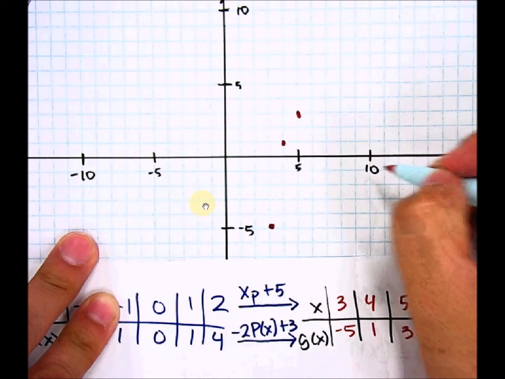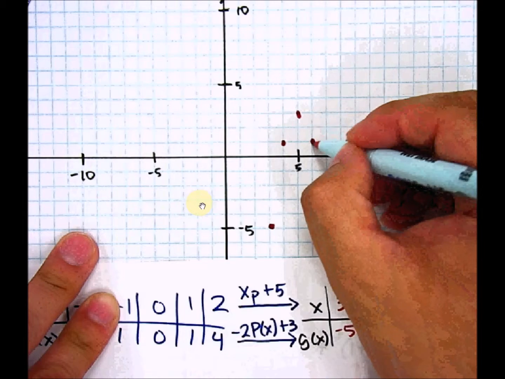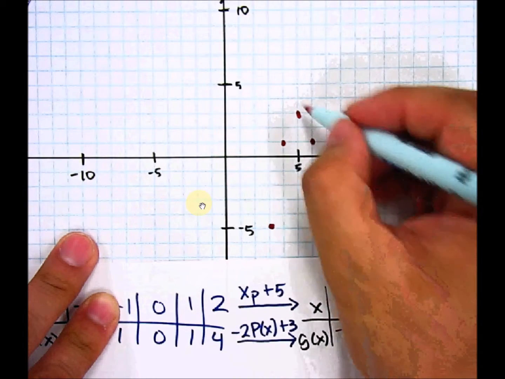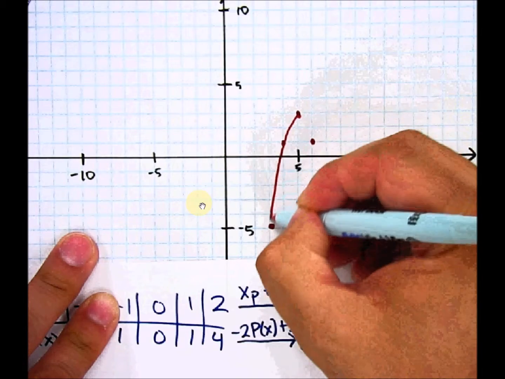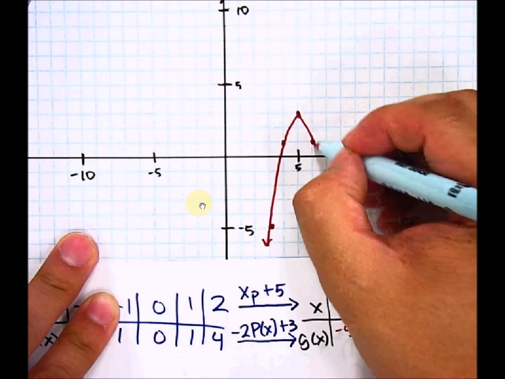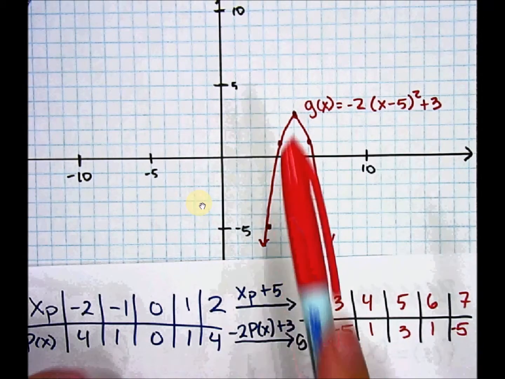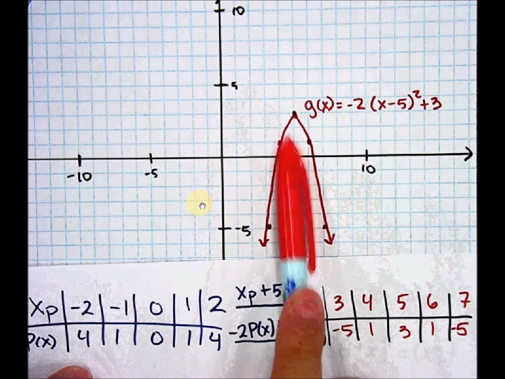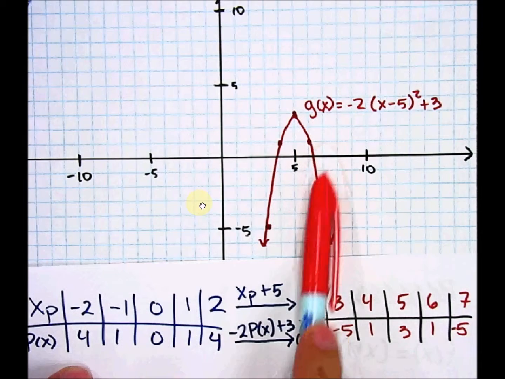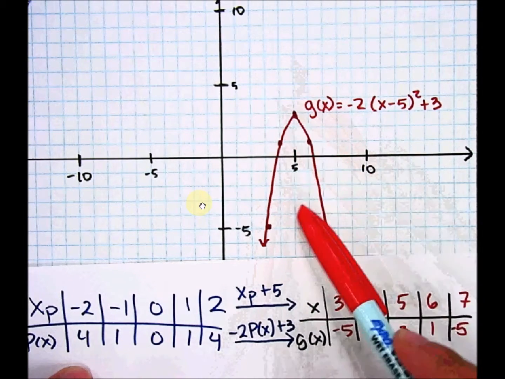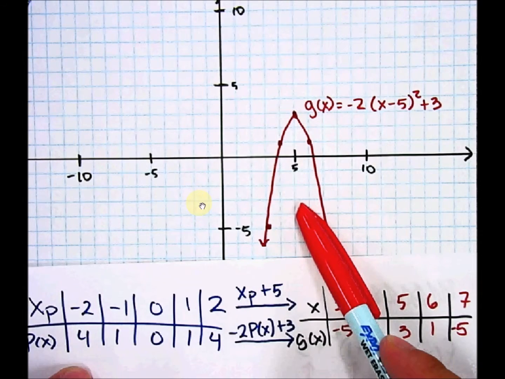The other side will mirror that. And if you look at your function, you can clearly see it has been shifted to the right 5, moved up 3. The stretch has made it narrower, and it has been reflected or flipped over. And there you have it.